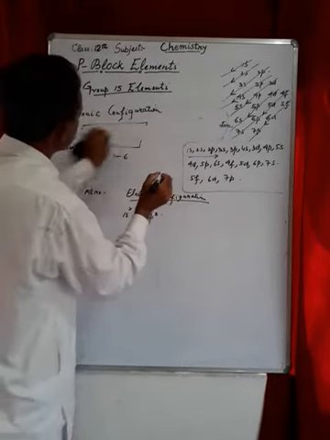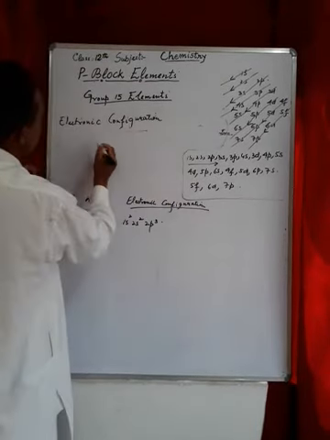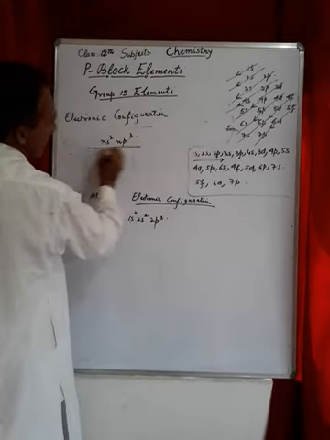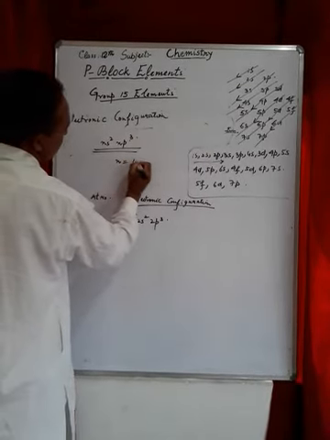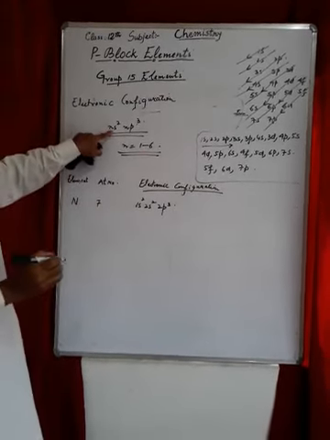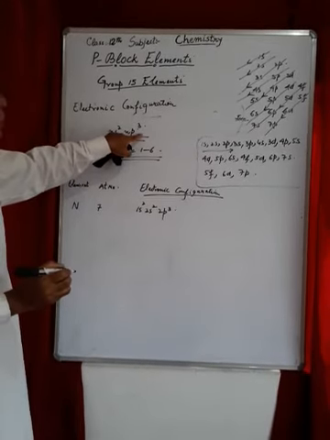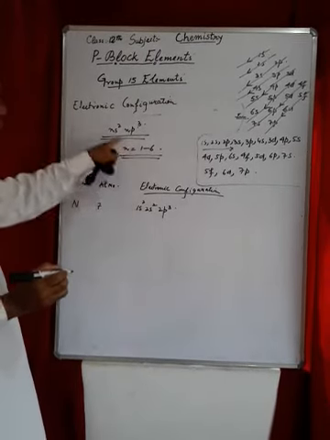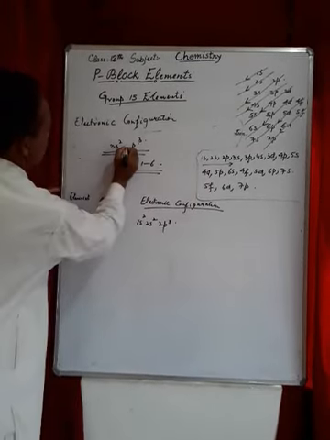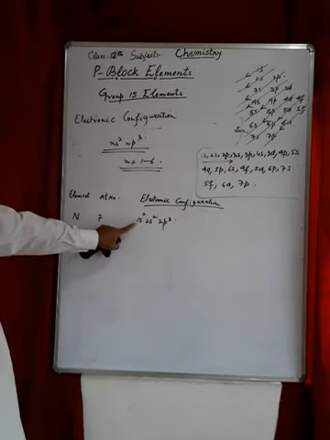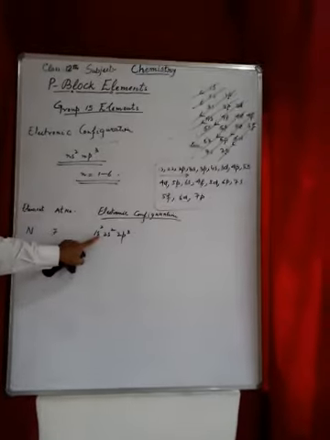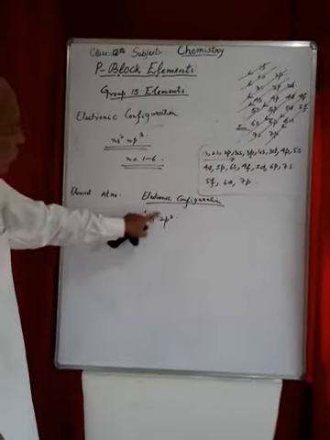Now the electronic configuration of group 15 elements is ns2 np3, where n is 1 to 6. This is the outer shell electronic configuration of group 15 elements. Now we will see how this is the outer configuration while writing the full configuration: 1s2, 2s2, 2p3.